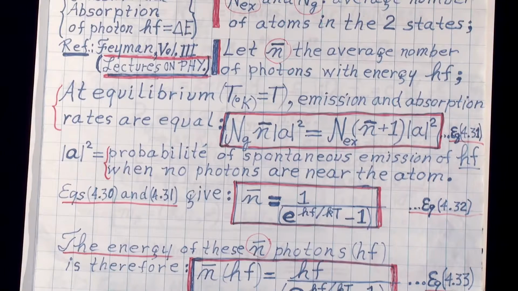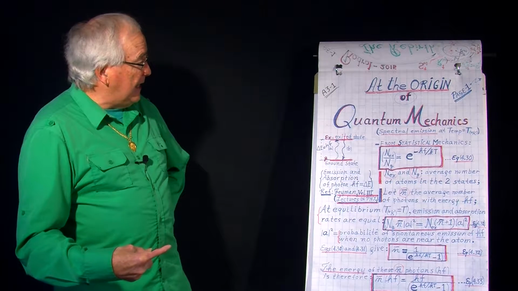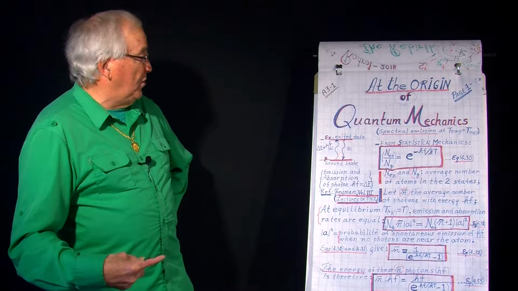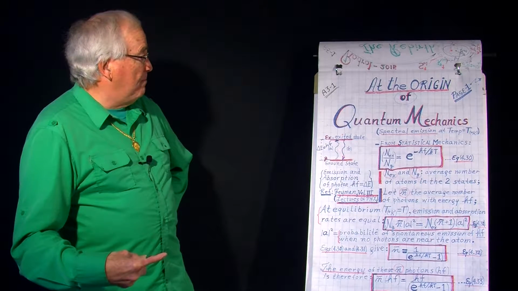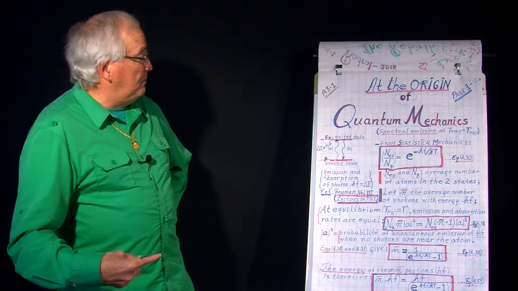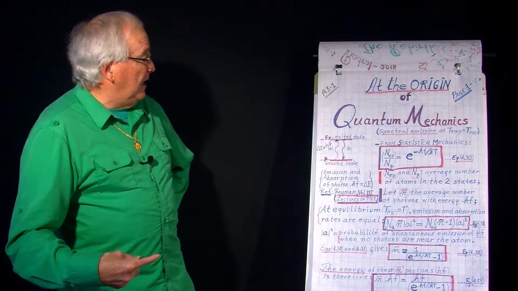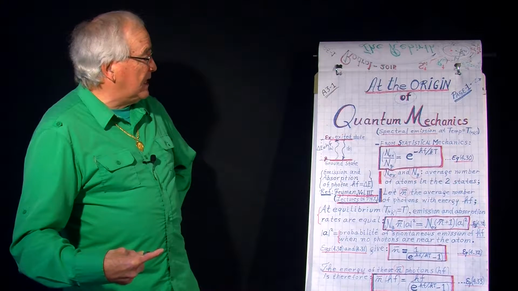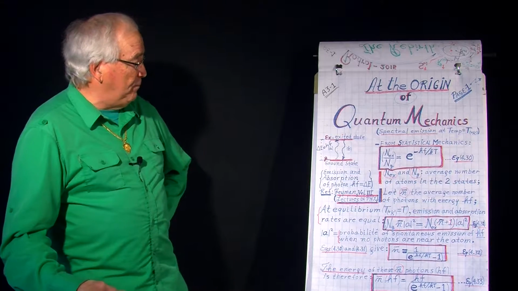Why n plus 1? Because in this excited state, not only spontaneous emission occurs like in the ground state, but there is a possibility that an electron goes from ground to this one state. So that's why there is n plus 1.